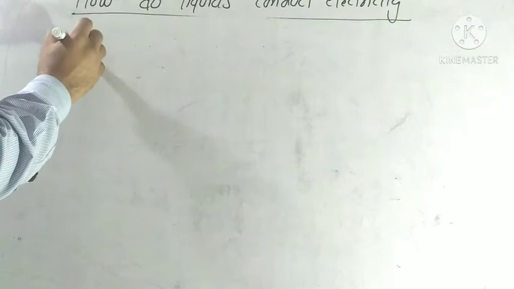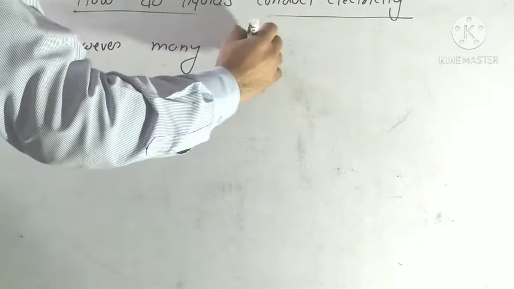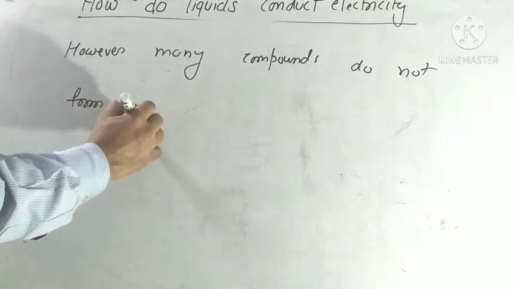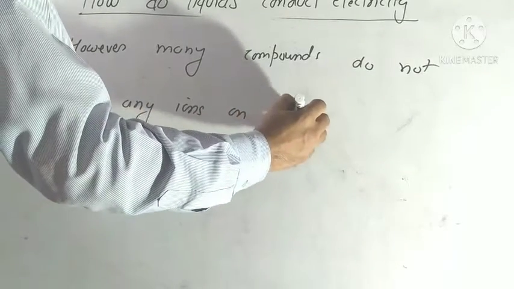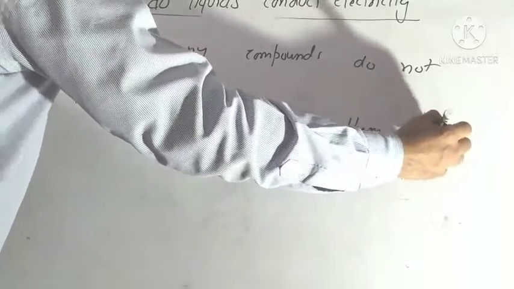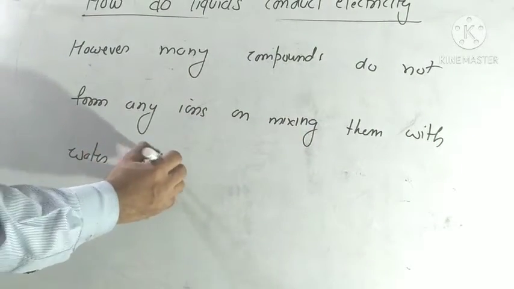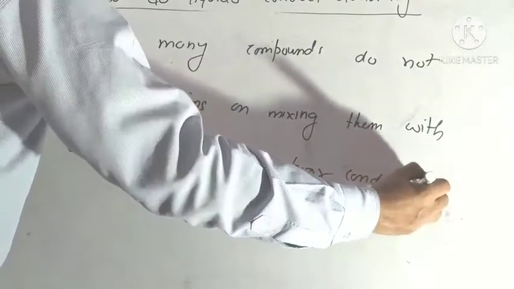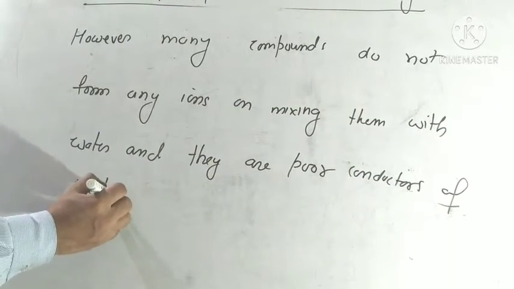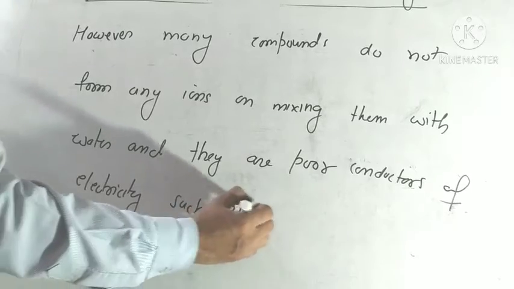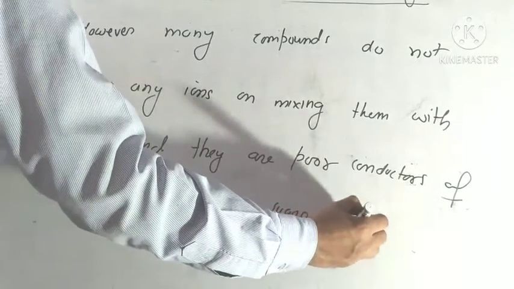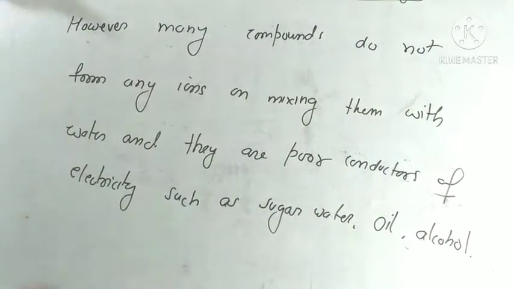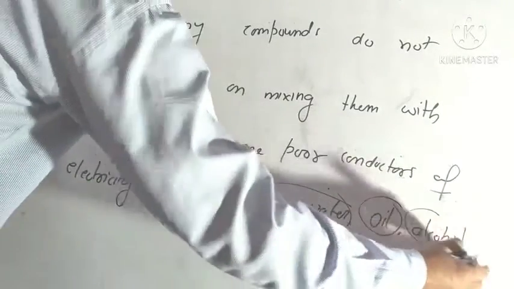However, many compounds do not form any ions on mixing with water, and therefore they are poor conductors of electricity, such as sugar water, oil, and alcohol.